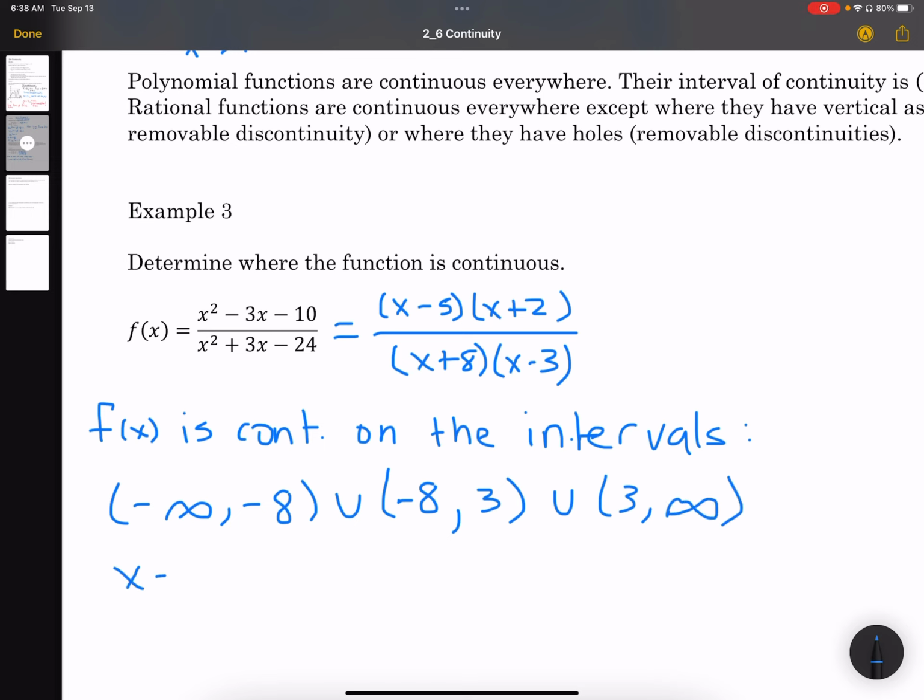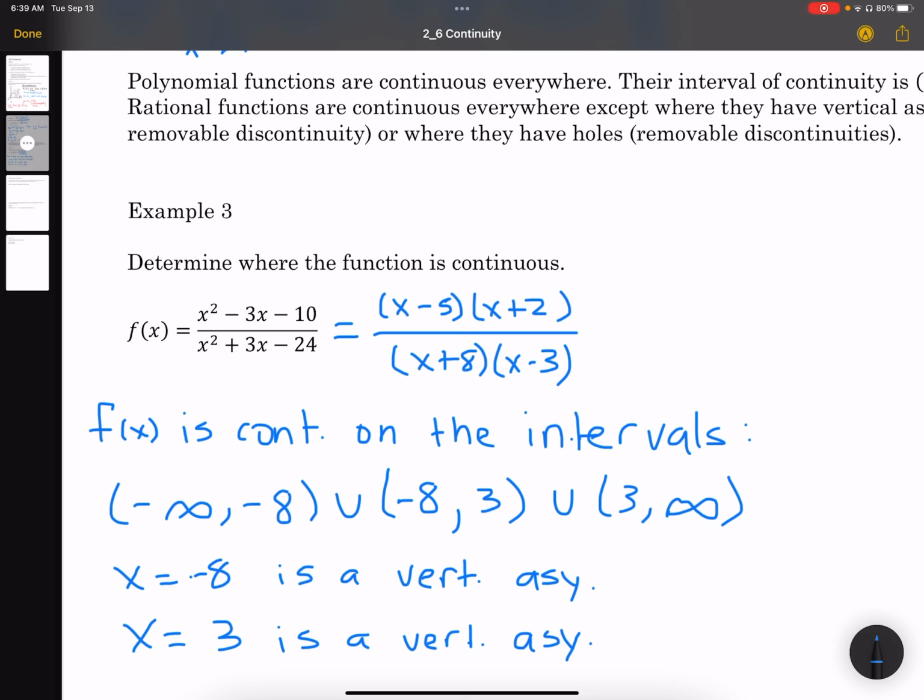And x equals -8 is a vertical asymptote. And x equals 3 is also a vertical asymptote, because neither one can be factored.